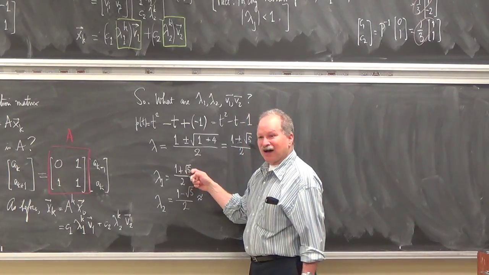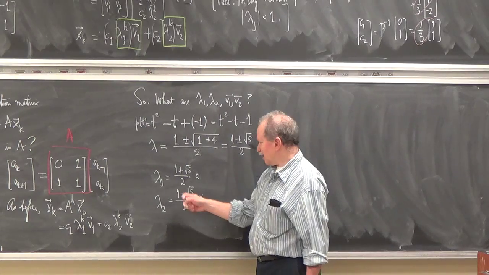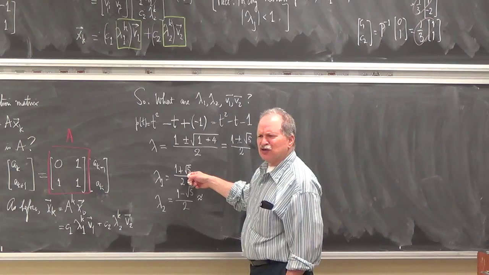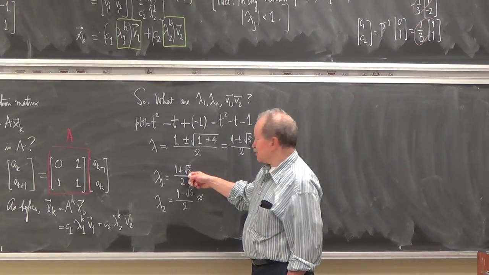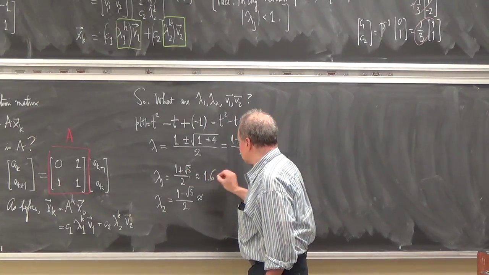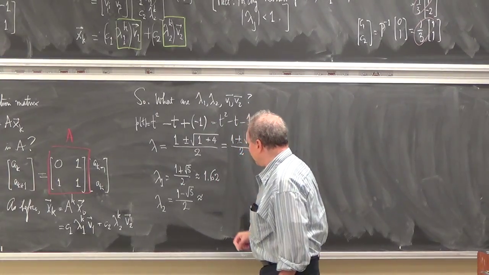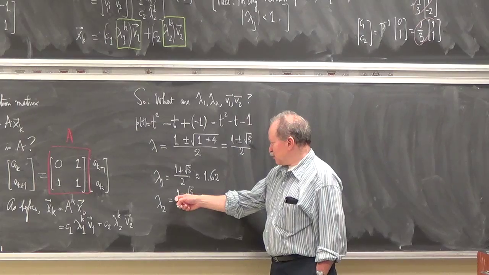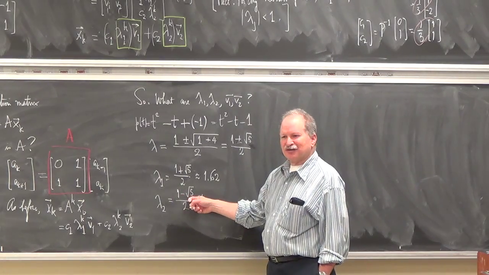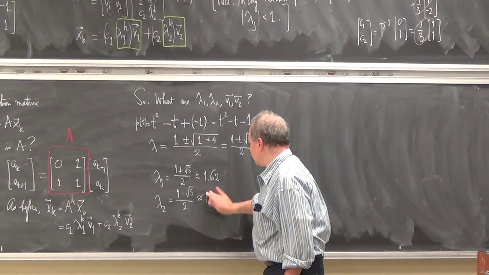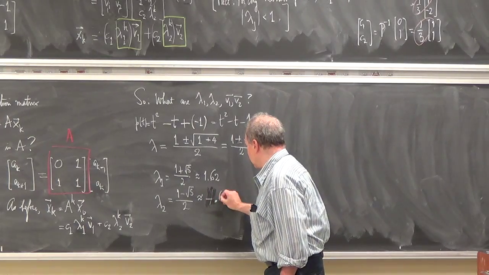Notice this one's positive, so this one has to be negative. Of course it is. Well, the square root of 5 is approximately 2.2, so this is approximately 1.6. And if you do 1 minus 2.2, this is approximately negative 0.6.